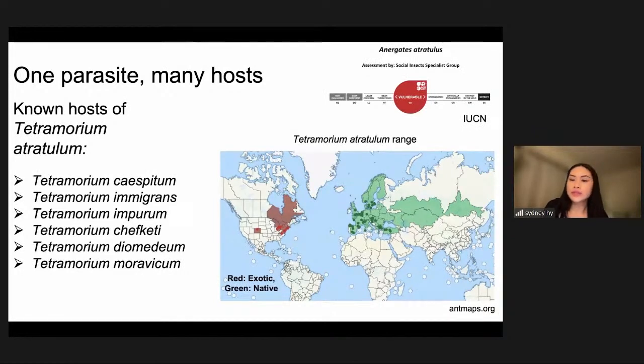And after studying more about this parasite and looking into the literature, I really found that it seems like people are finding these parasites, especially as new records in different countries.